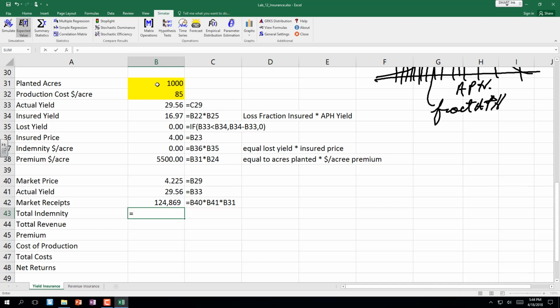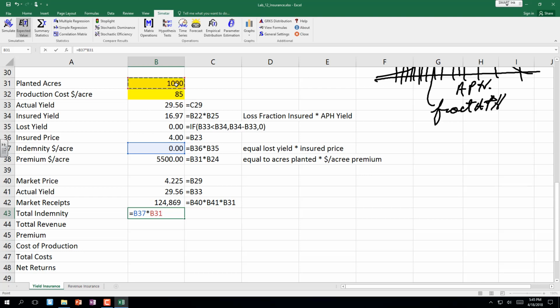Indemnity is going to be this indemnity per acre times the 1,000 acres that were insured. And the way the insurance works, you have to insure all of a field or all of the wheat on all of your fields. You can insure one field at a time, or you can insure all of them. Question?